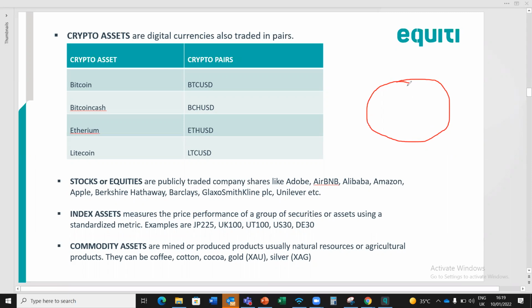Let's assume this is an index company, represented by this circle. What this index company does is hold the shares of many other companies. Let's assume this is an index company here in Nigeria, and it buys shares from, let's say, First Bank, UBA, Dangote, Globacom, and MTN.